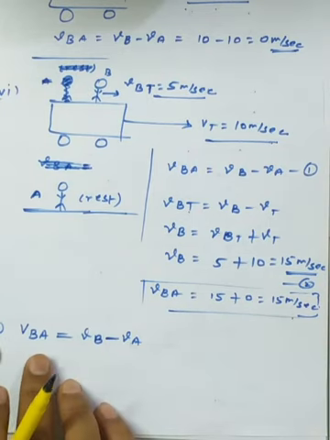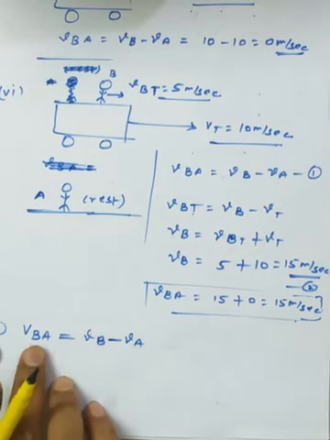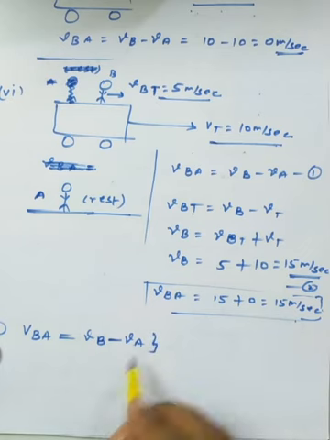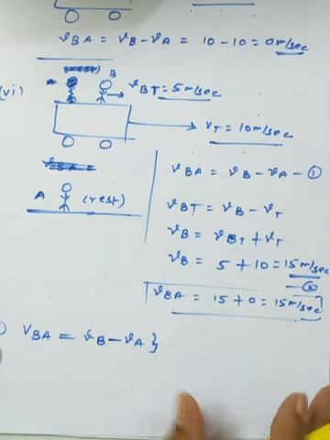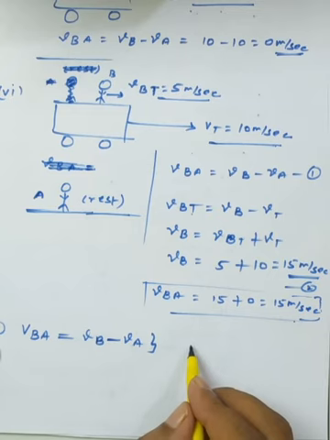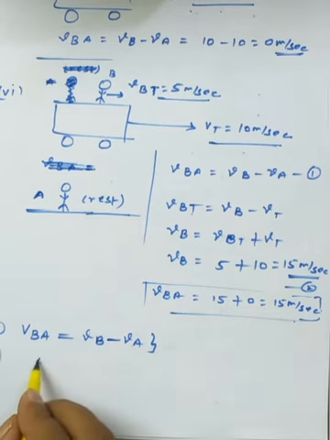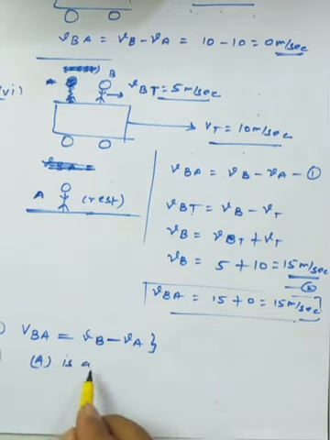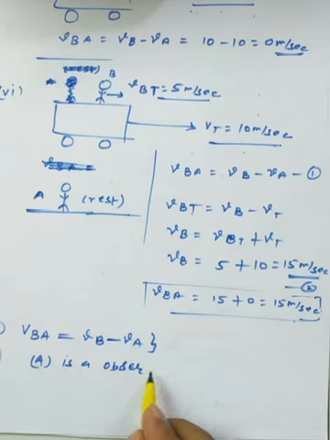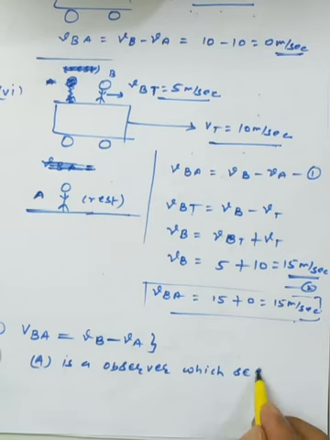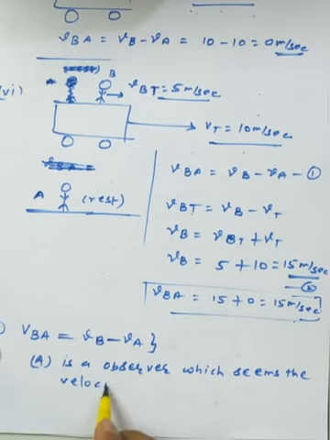Now some more tips I am giving you. Suppose we have B with respect to A. So who is the observer and who is moving? We are just assuming that A is the observer which sees the velocity of B, and somehow the reverse term is there.